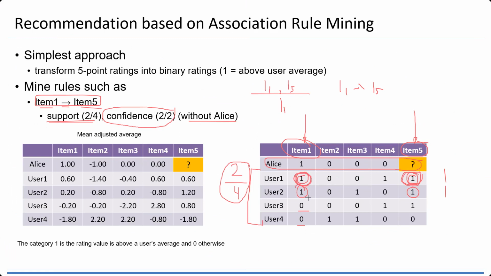So 1, 2. Okay, so they are 2. Divided by the number of users who gave a good rating on item 1, which is only 2. So among the users who gave a good rating on item 1, I want to know which users gave a good rating on item 5. So 100% gave a good rating on item 5.